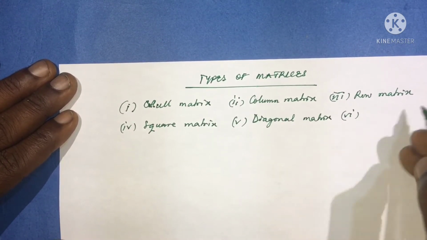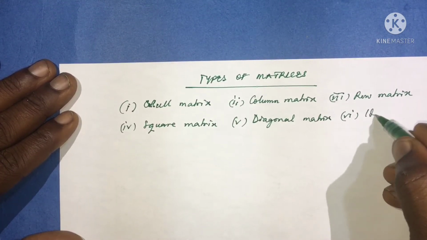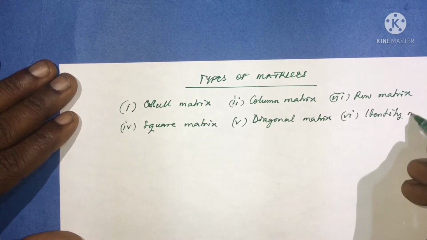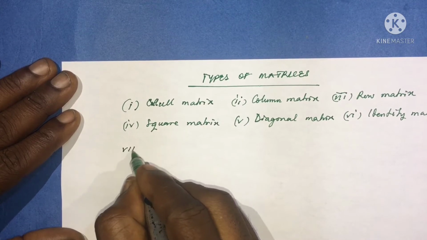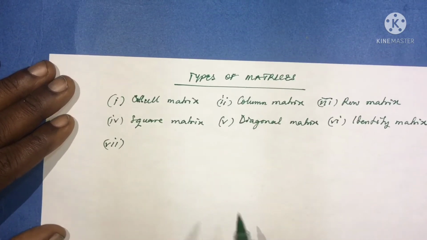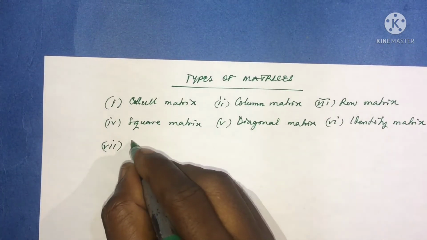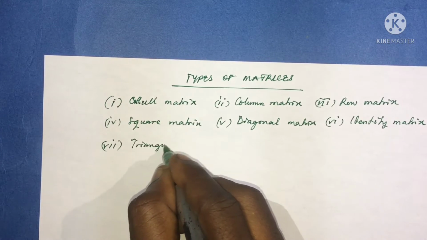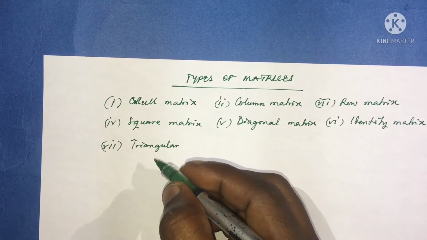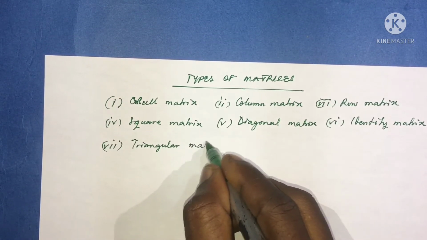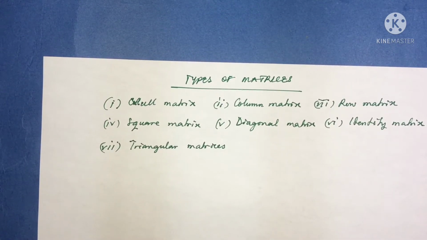Number 6, we have what is called the identity matrix. Number 7, after the identity matrix, we have what we can call triangular matrices. So we shall be looking at all of them.